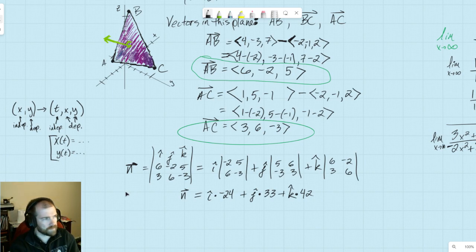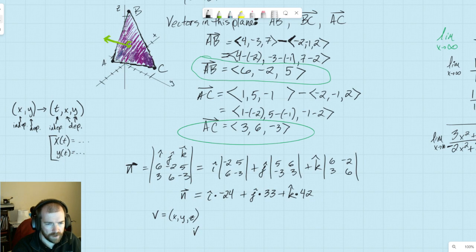Alright, the resource I'm looking at also goes through a nice little derivation of how you can look at some number, just being an arbitrary point in the plane, x, y, z, and if you take v as a vector, x, y, z, and dot it with n, then you end up getting the equation of the plane.